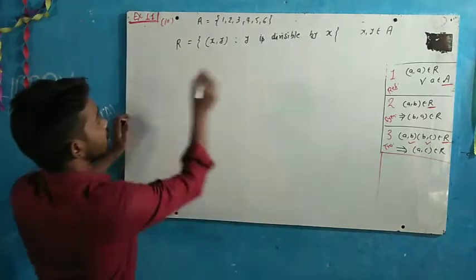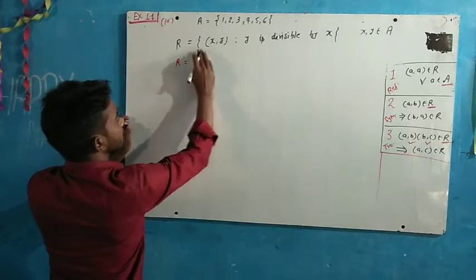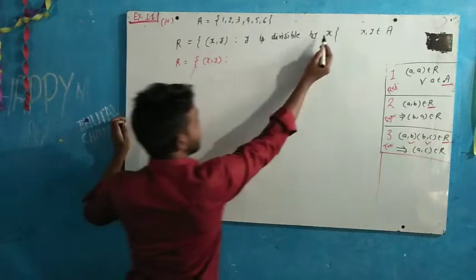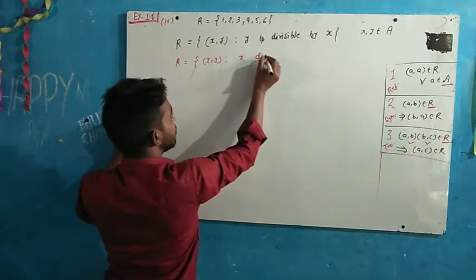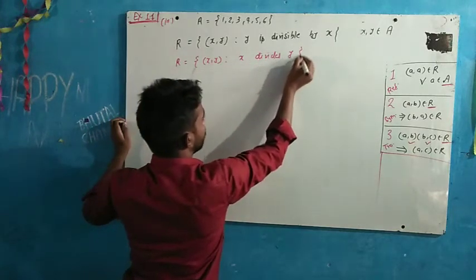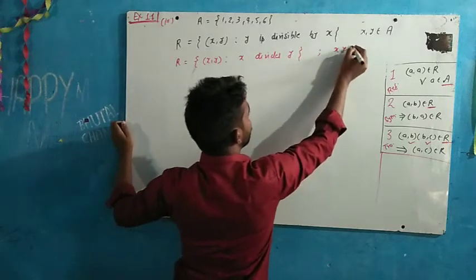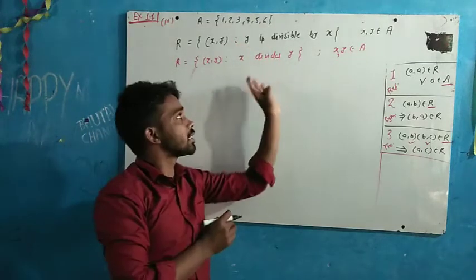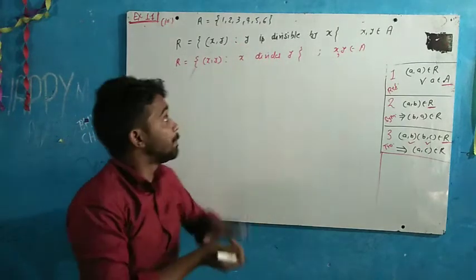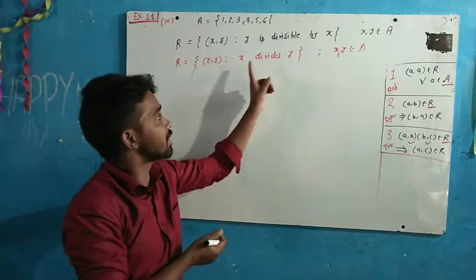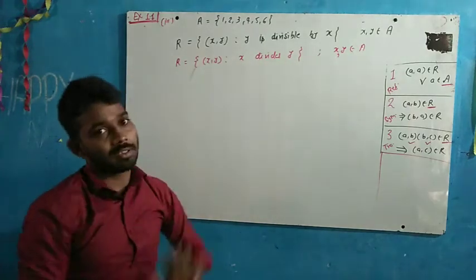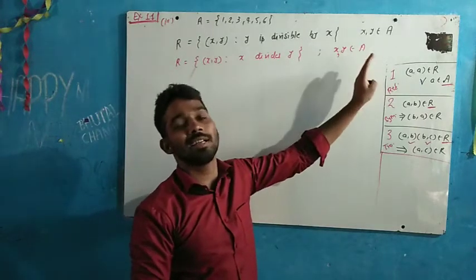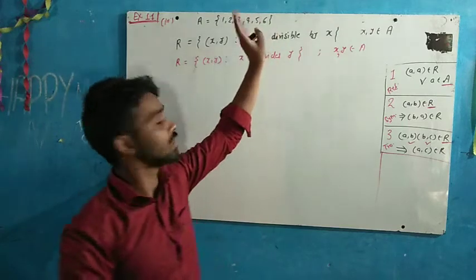R is equal to those ordered pairs such that X divides Y, and both X, Y belong to capital A. Both are the same statement: Y is divisible by X and X divides Y. If the first number divides the second number, then first comma second will be in relation R. X and Y can take the values 1, 2, 3, 4, 5, 6.